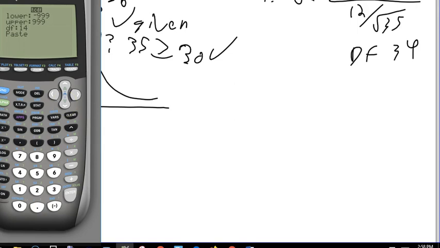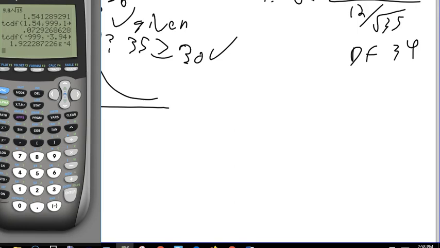Our upper is our negative 3.94, our negative t value. Our degrees of freedom we said were 34, and now we just hit enter, enter, enter. We hit enter quite a few times, just until we get our number. Yeah, we did. I put 34.